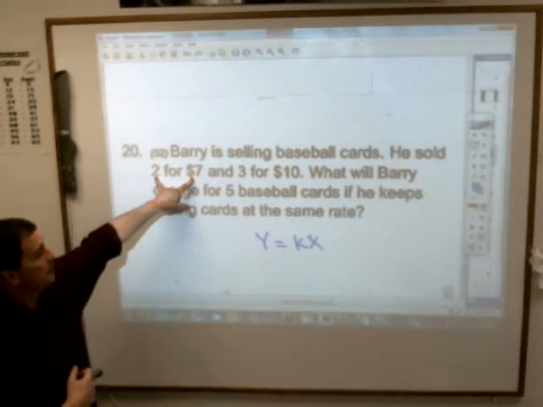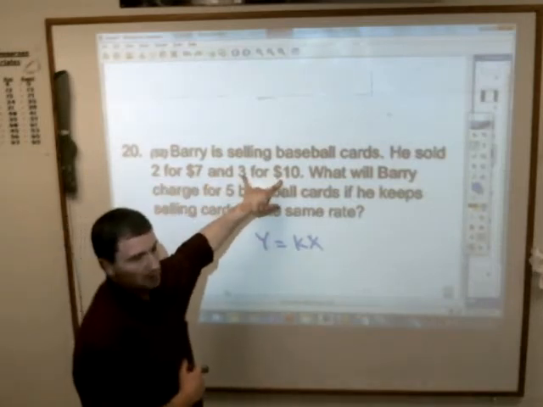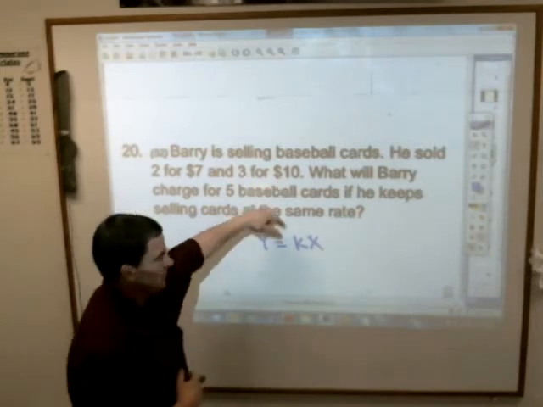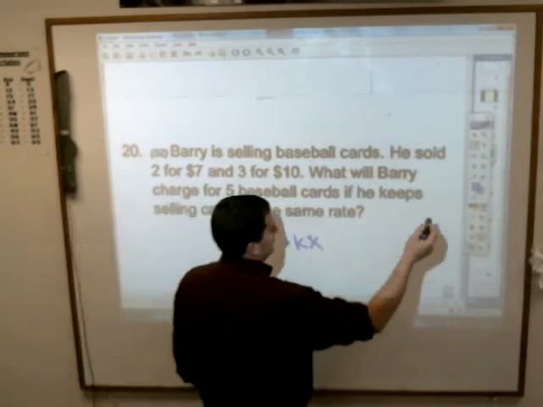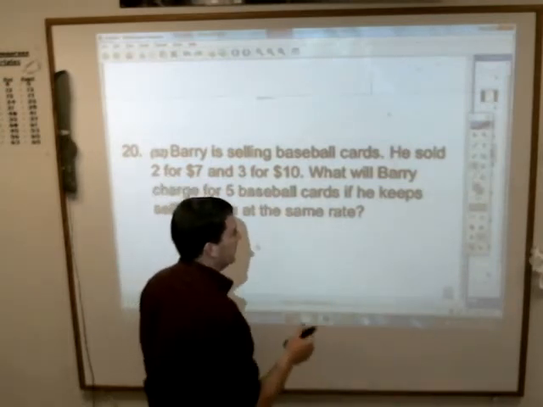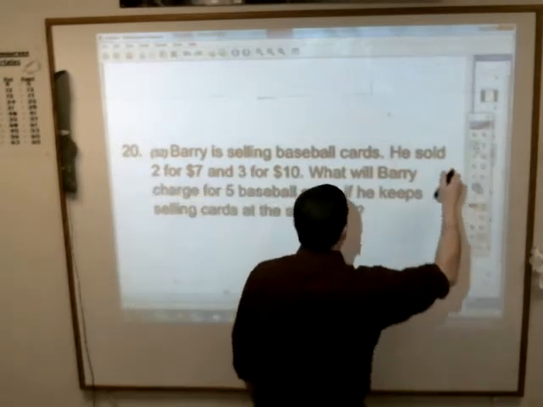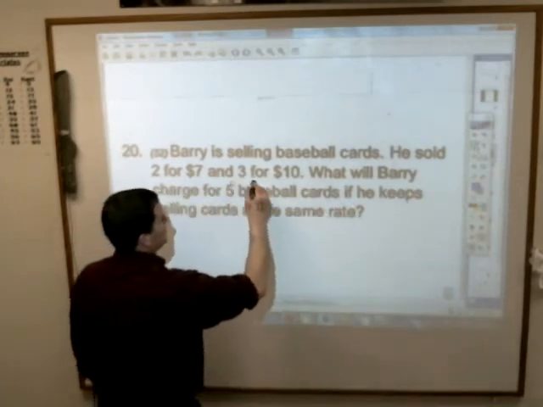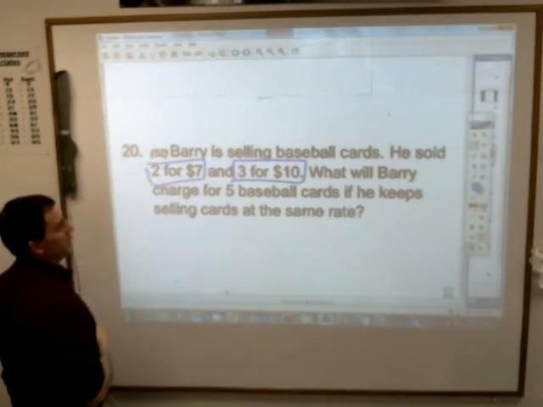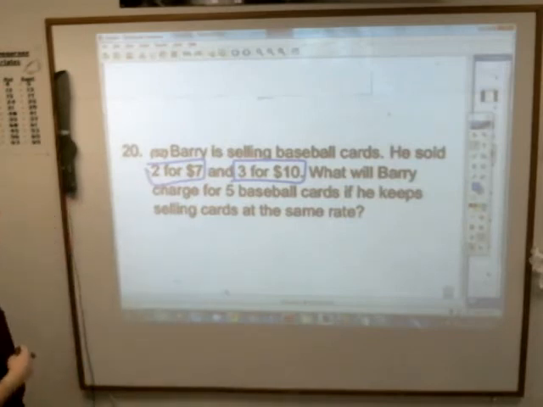But that doesn't work for this because 3 cards at $3.50 each gives you $10.50. So the way you're going to have to do it, and the way the book wants you to do it, apparently, is you're going to have to use a piece of graph paper. You are going to have to use these 2 points and graph. Well, actually, what they want you to do is find the equation of that line.